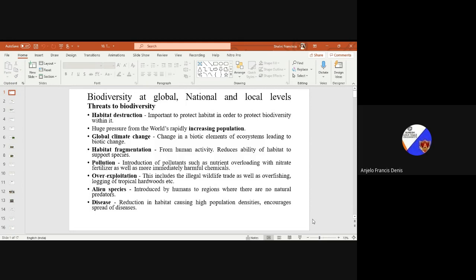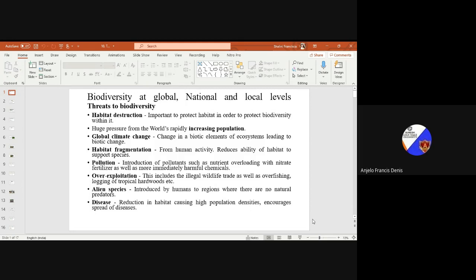So we see that there are several threats to biodiversity, and the most important role player is the increase in population. Once there is an increase in population, there will be huge demand for several things like food, shelter, and many other things.